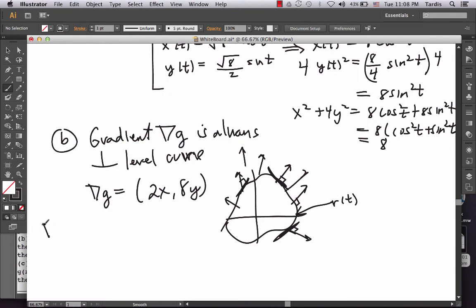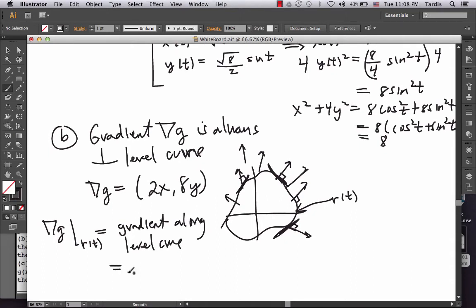So what you need to do is compute the gradient of g evaluated at your curve. This is otherwise known as the gradient along the level curve. The simple answer is 2 multiplied by 8 cosine of t.